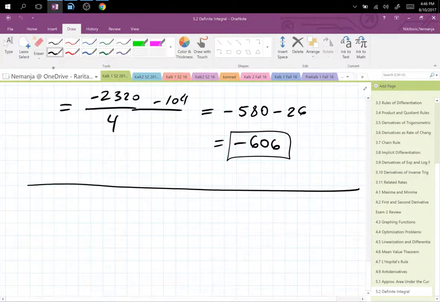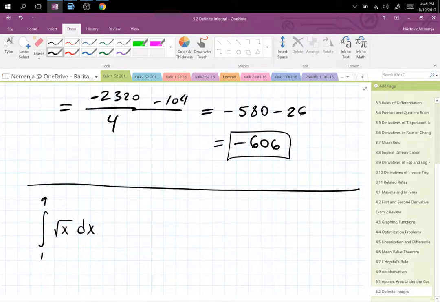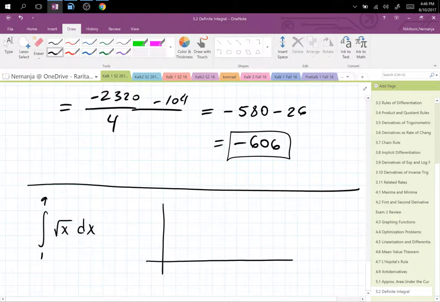So here we go with the integral, let's say 1 to 9 of square root of x dx. Now, what does this mean? If you look at the graph of the square root of x, it looks like this.